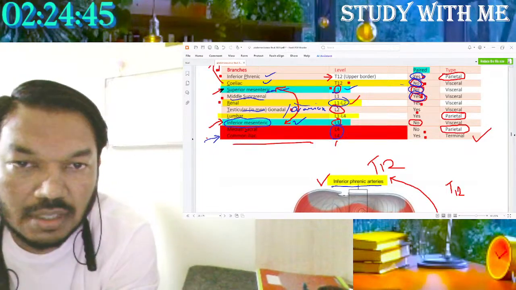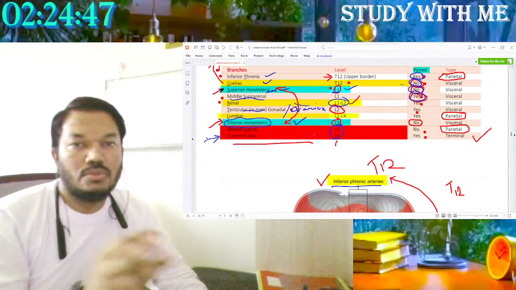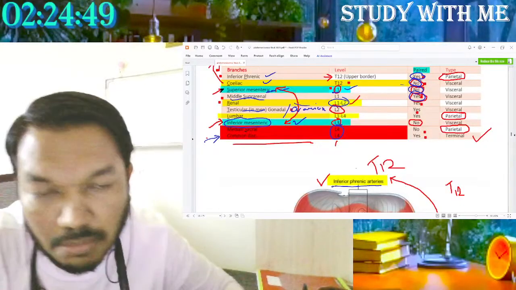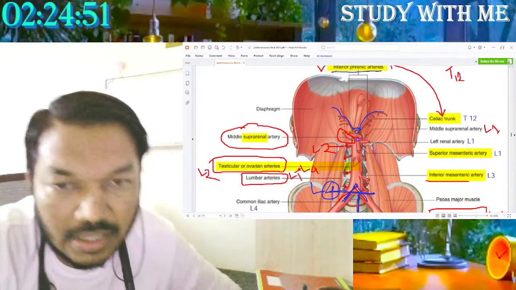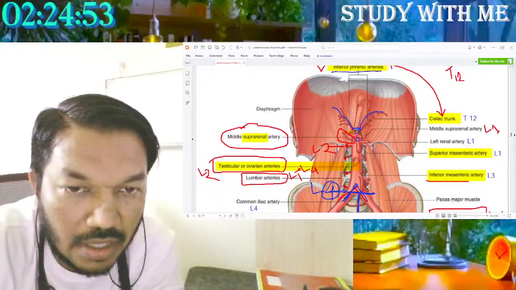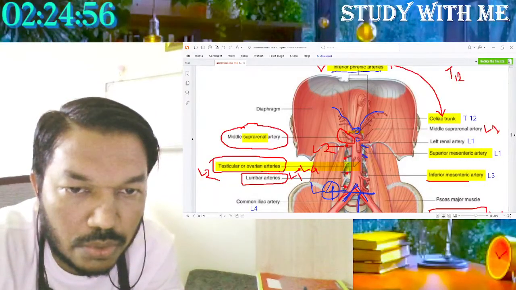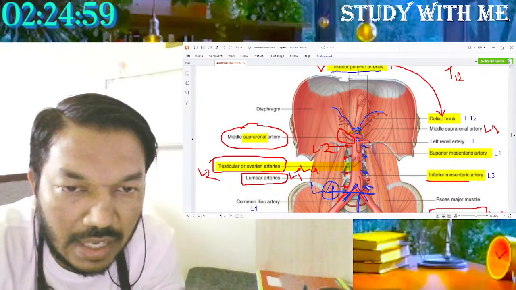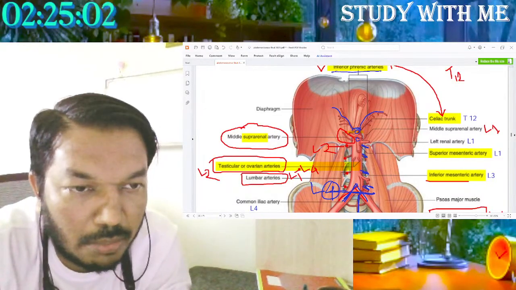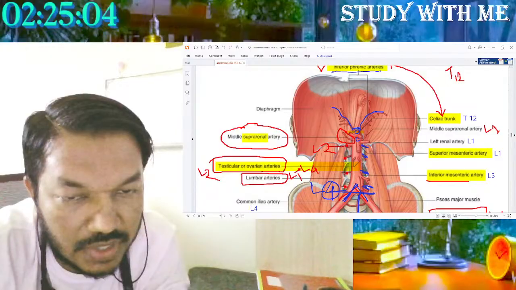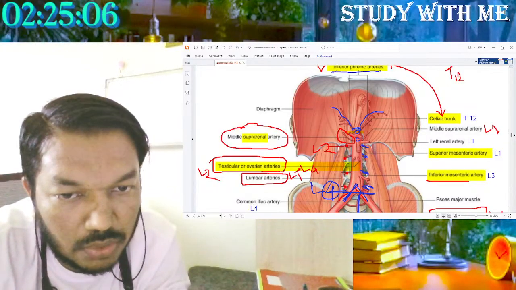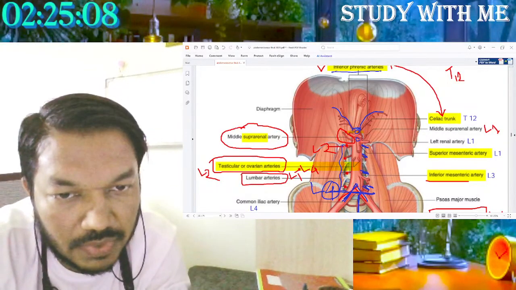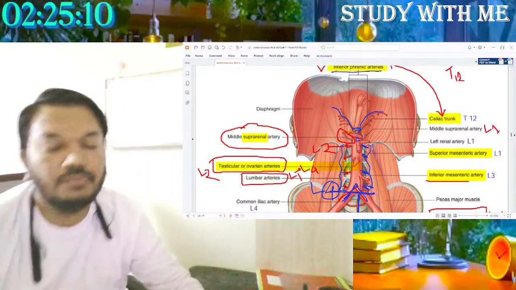We have lumbar 1, 2, 3, 4, because it starts from lumbar 1 and at every level it gives one. At every lumbar level there will be a lumbar artery, one on the right side and one on the left side. This is paired.